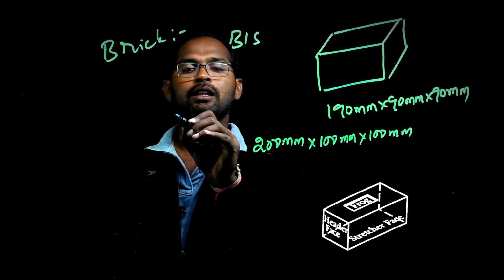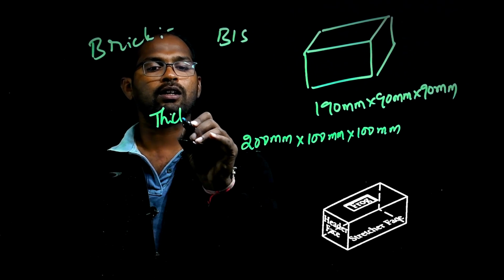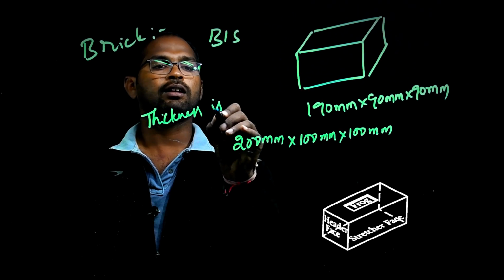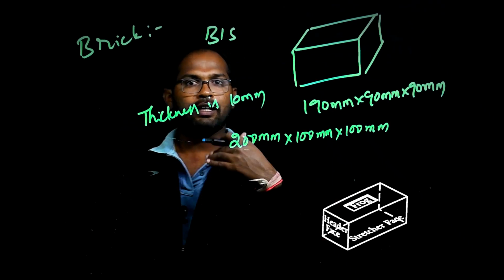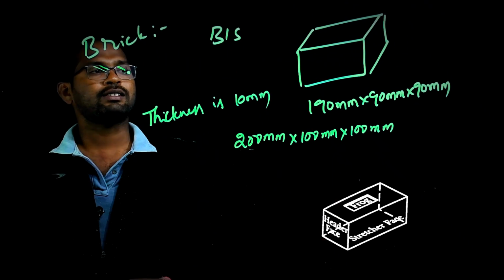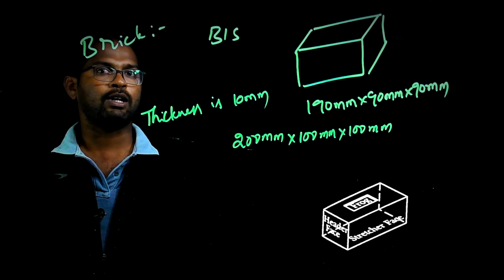Meaning the thickness of the mortar joint is 10 mm. Okay. So next, various shapes of the brick.